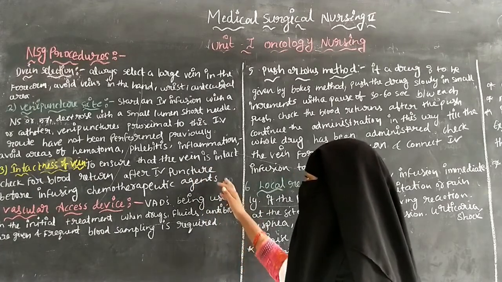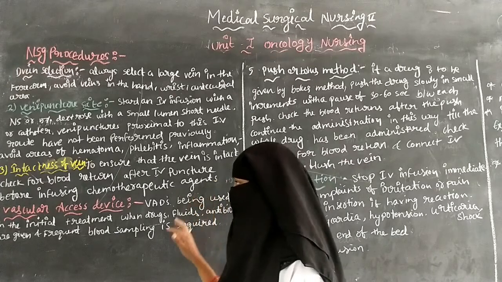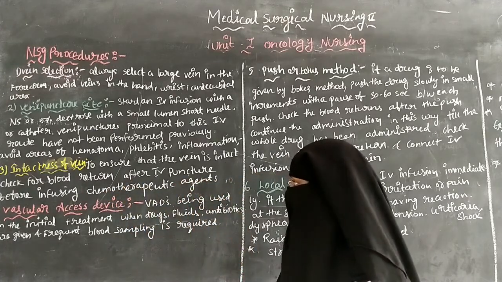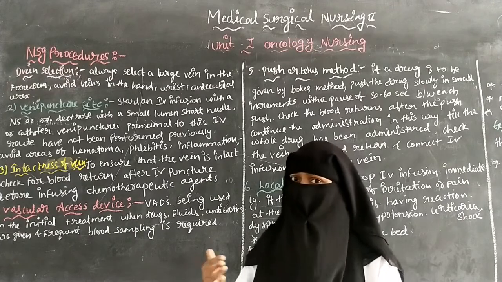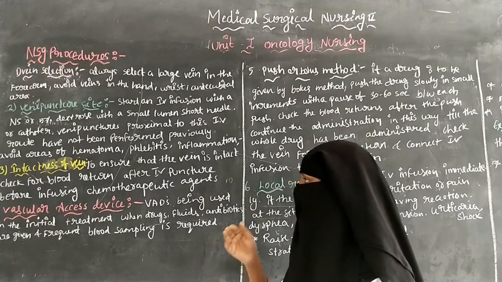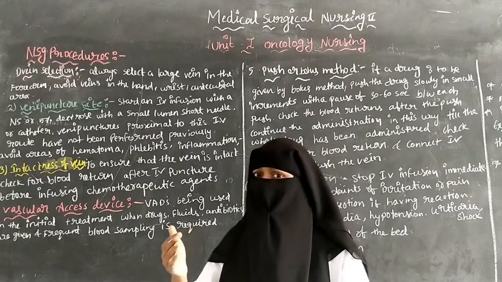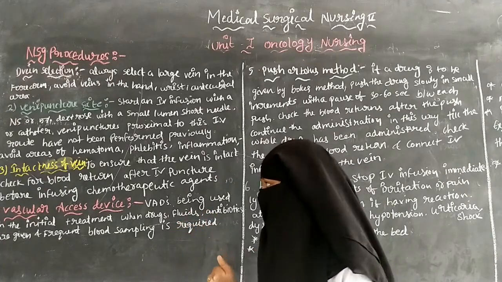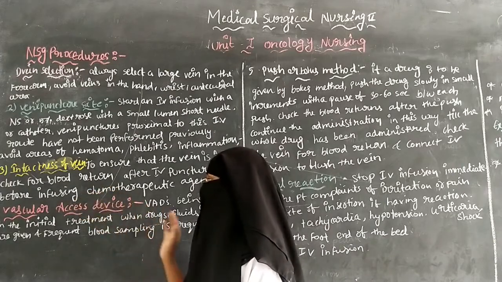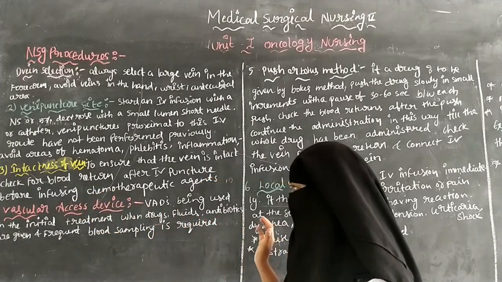To ensure that the vein is intact, check for blood return after IV puncture. After the cannula has been inserted into the vein, we should check whether blood has returned into the cannula. We check the intactness of the vein before infusing chemotherapeutic agents.